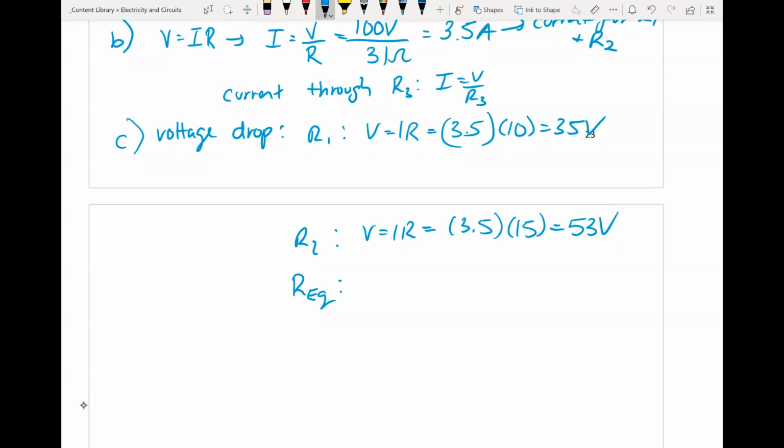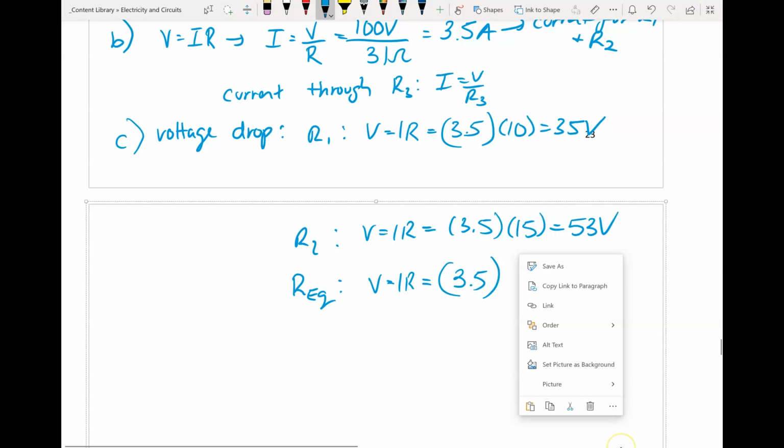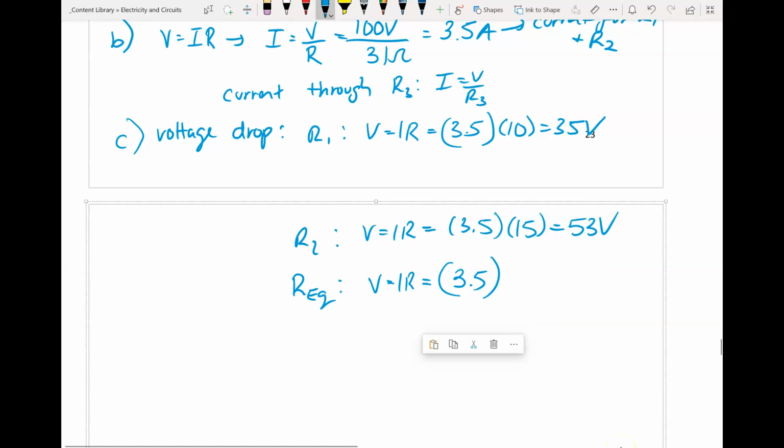Now for the equivalent resistance, we're going to use the current again. This is the current for the entire thing for our parallel set, but it's not for each part. So we can't just divide 3.5 by 2 and say that that's our voltage for R4 and R3, but we just know the combination of R3 and R4 will be 3.5.